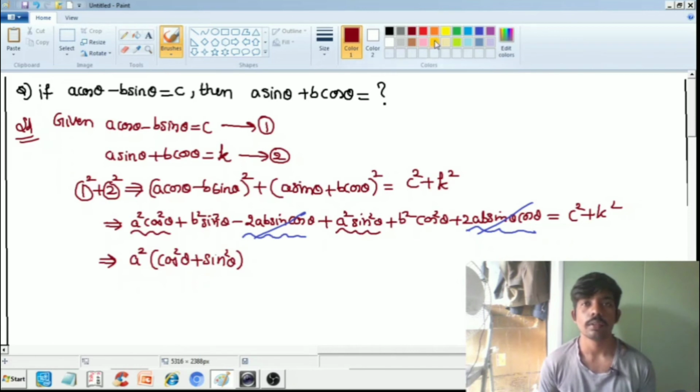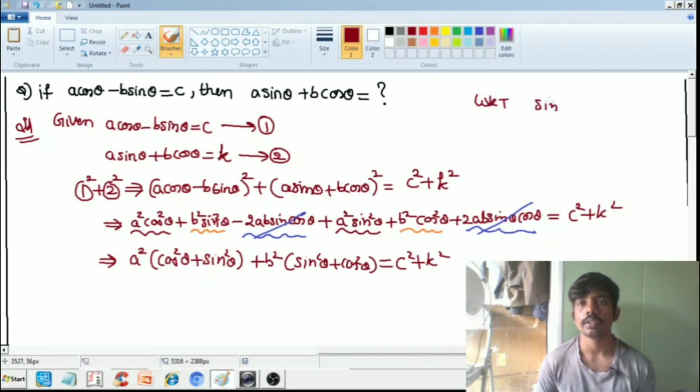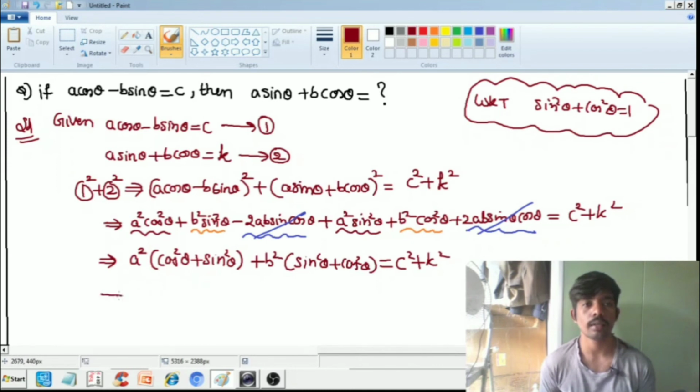Next, take b square common, then plus b square times sin square theta plus cos square theta is equal to c square plus k square. We know from the identity that sin square theta plus cos square theta is equal to 1. So in place of each bracket we have 1: a square plus b square is equal to c square plus k square.